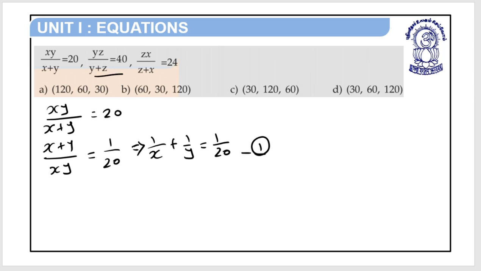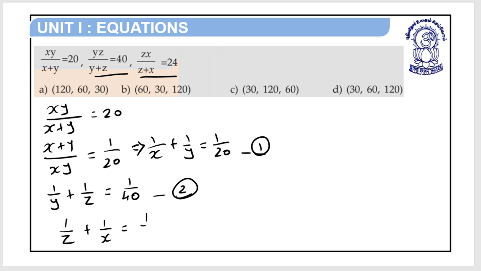Same way for yz upon y plus z is equal to 40. So here we get 1 upon y plus 1 upon z is equal to 1 upon 40. Equation number 2. Same way for zx upon z plus x is equal to 24. So 1 upon z plus 1 upon x is equal to 1 upon 24.